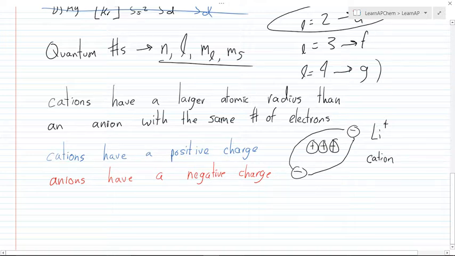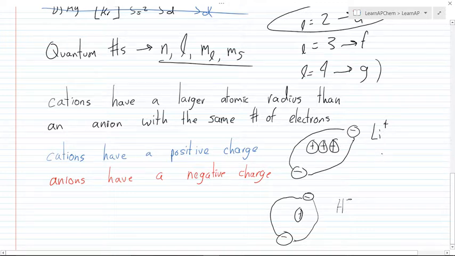Similarly, I'll draw an anion that you might see. Okay, I'm sorry, I just confused myself for a second. So, similarly, I'll draw out an anion with 2 electrons. So this here would be H minus.